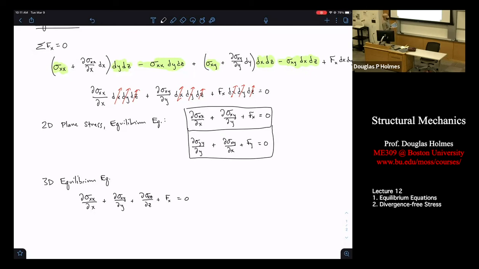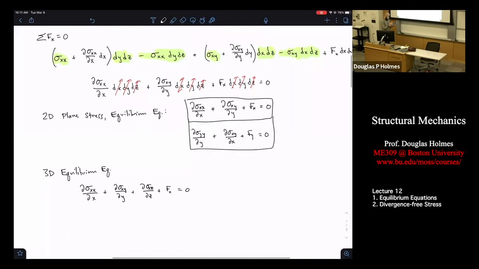Again, you can derive this out by hand. This is one of them. Second one. Looks like that.